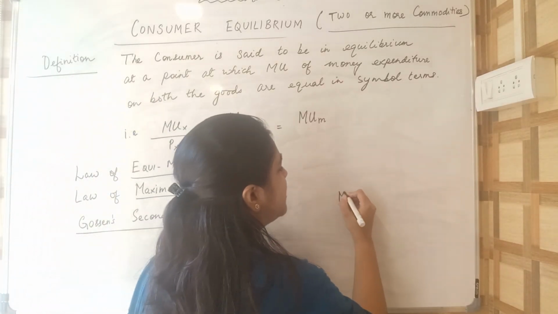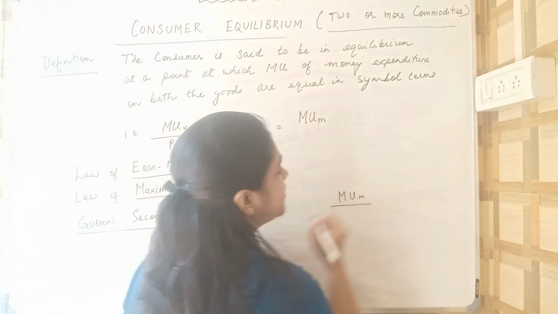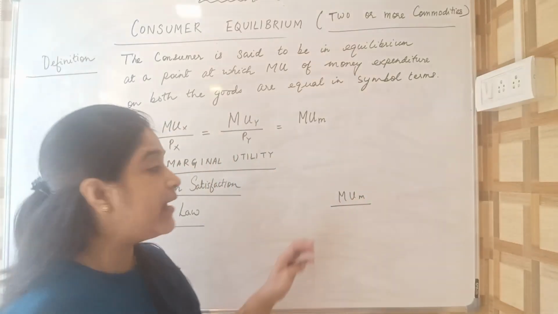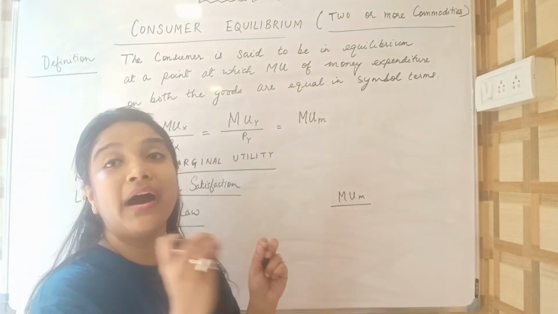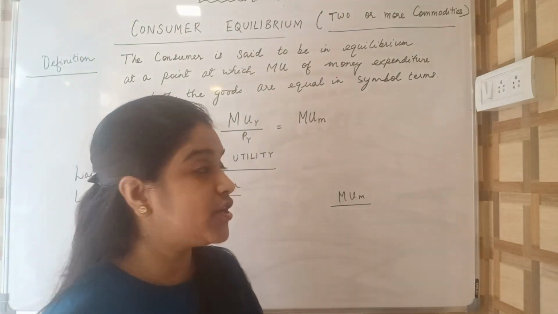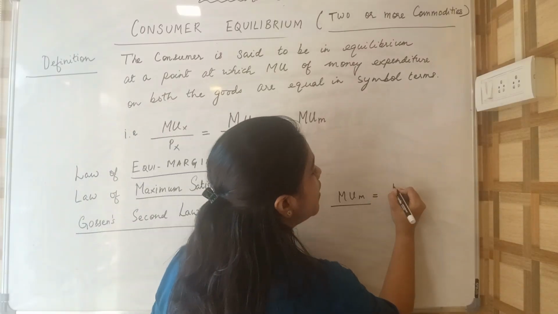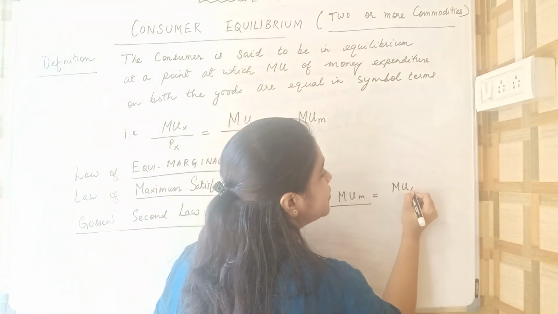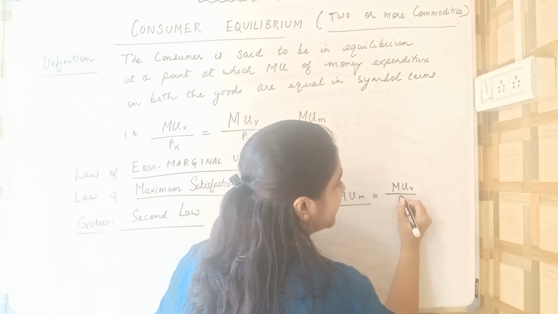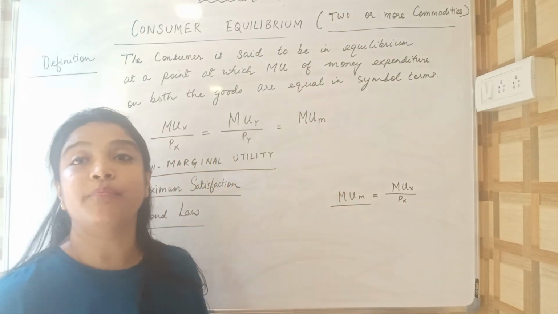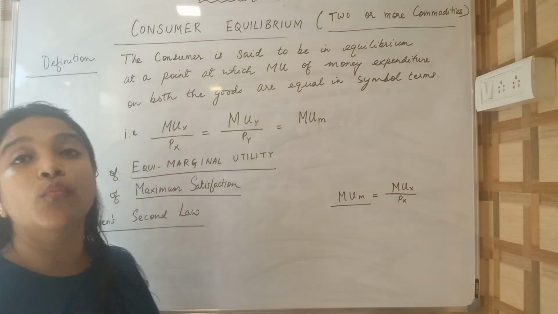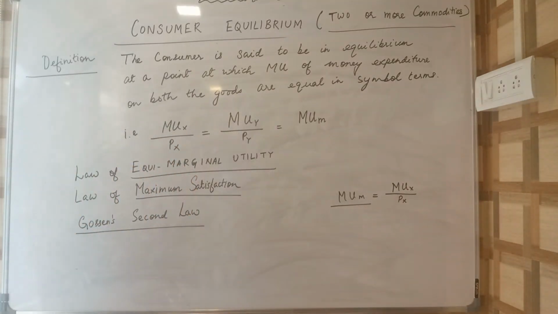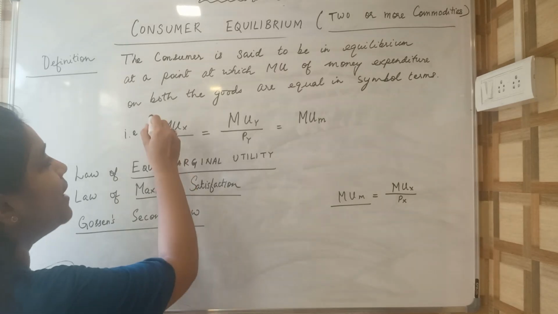Last class we had done that MUM is the marginal utility of money expenditure, which is equal to the marginal utility of X divided by the price of X.